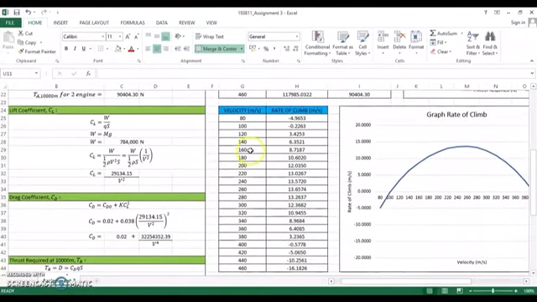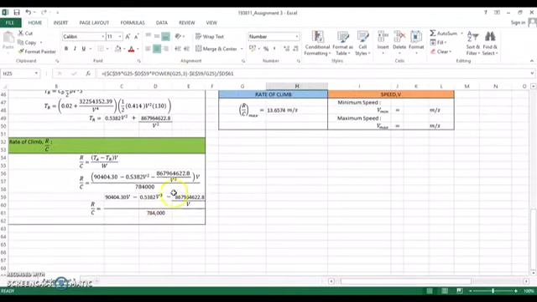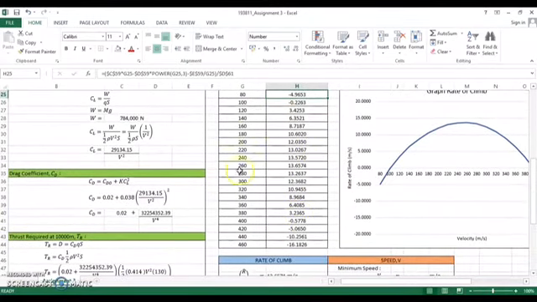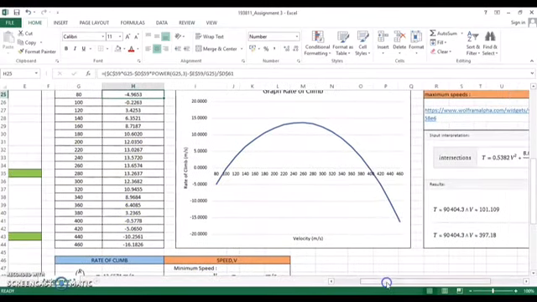Next is to find the maximum rate of climb. We plot the maximum rate of climb from this data, and this equation is actually from this equation. I select all the data, and this is the graph.